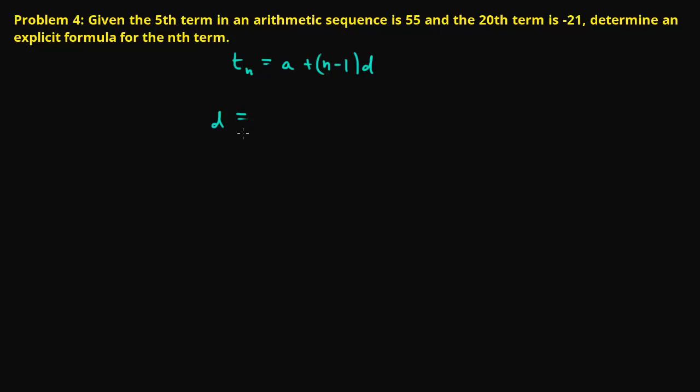So 15 times the common difference is equal to negative 21 minus 55.